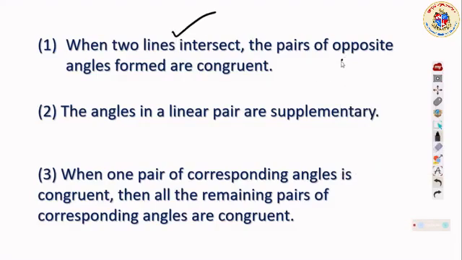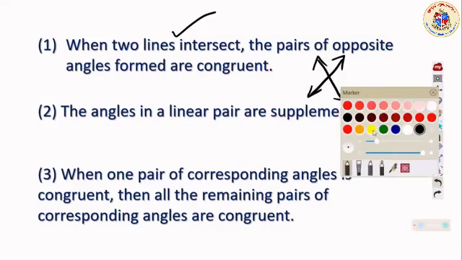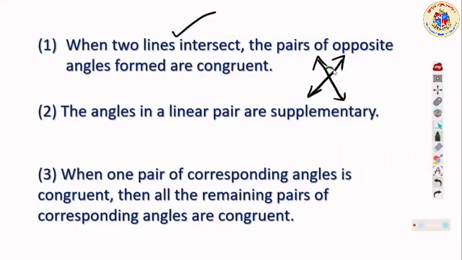If I simply show it to you, it can be shown like this. This angle is congruent to this. This angle is congruent to this, which are named as vertically opposite angles.